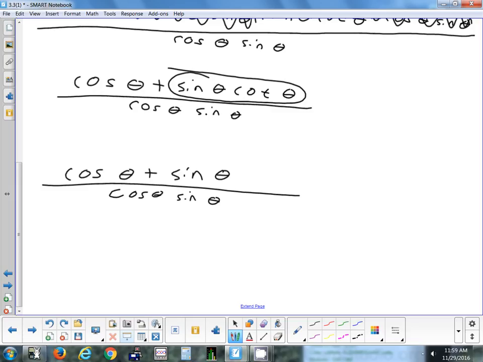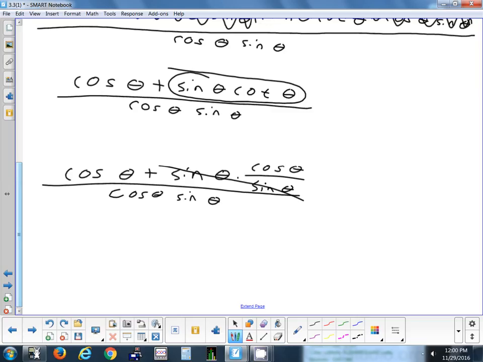So I just copied down everything except the cotangent. What did you say it was? Cotangent is cosine over sine. So then the signs cancel. And then that also cancels that out. And what are you left with in the top now? Cosine plus cosine. That's 2 cosine. Be careful when you're doing cosine plus cosine versus cosine times cosine. Okay.